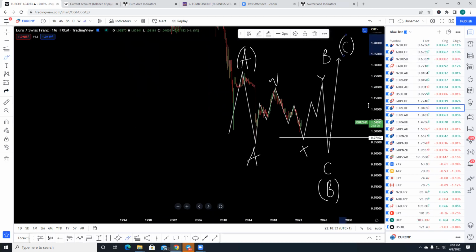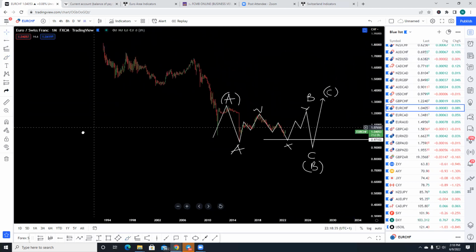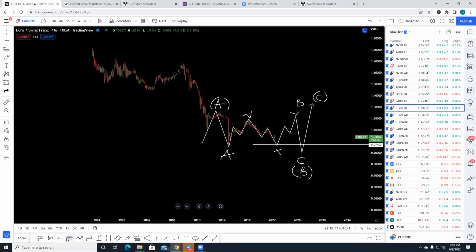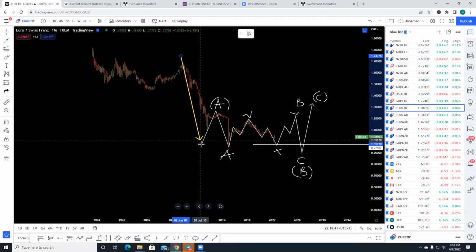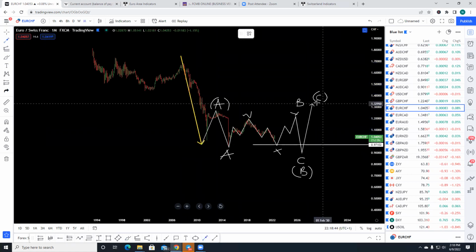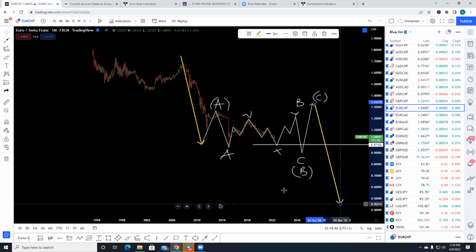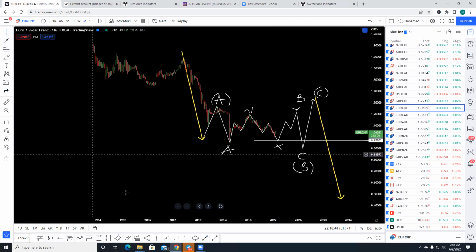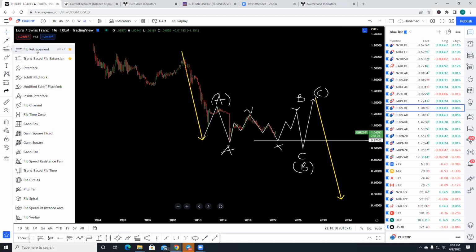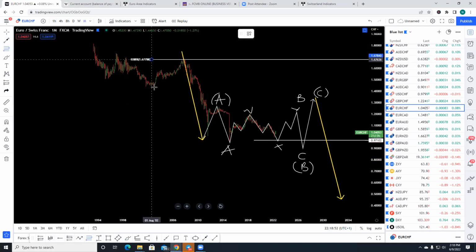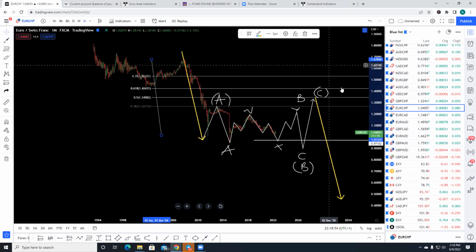Thereafter, I'm going to have this movement to the downside here, guys. I'm going to repeat the same thing here, because at that point in time, this impulse here has been corrected substantially to what?